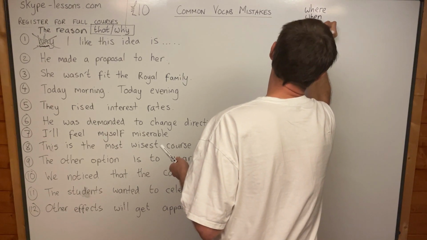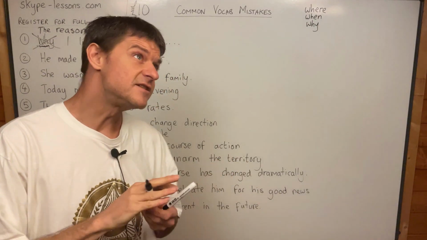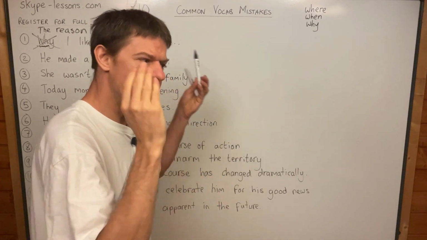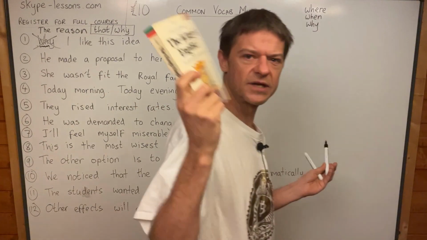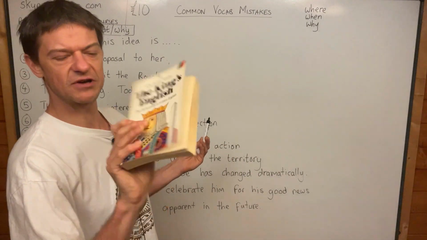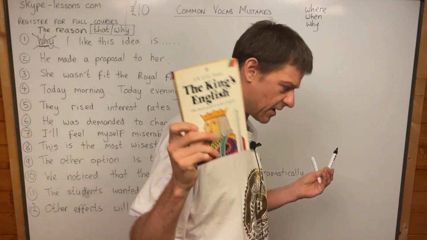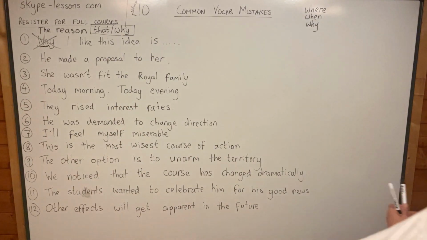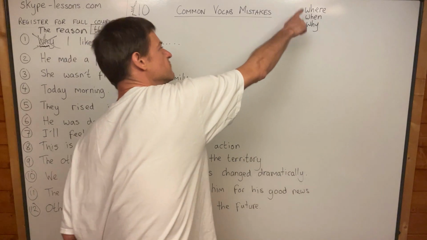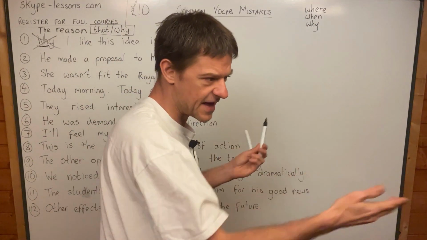It's acceptable nowadays. I read somewhere a long time ago that it wasn't acceptable in the past, and I probably read it in this book here, The King's English, a great book by Fowler, one of the classic grammar books that was written about 100 years ago. I think I might have read there that these three are wrong, or they used to be wrong when that book was made.